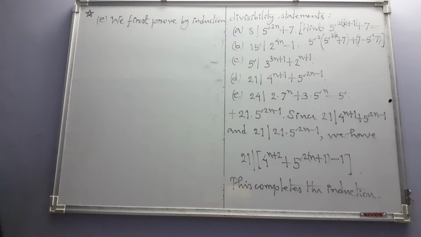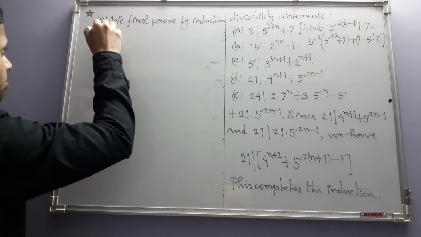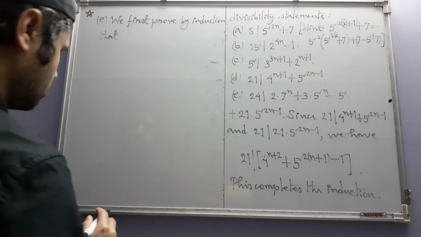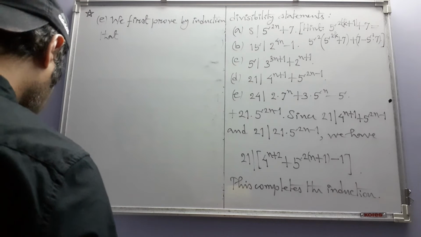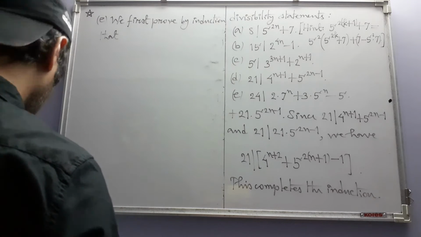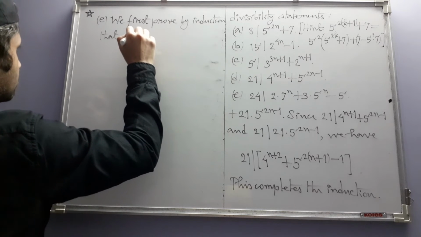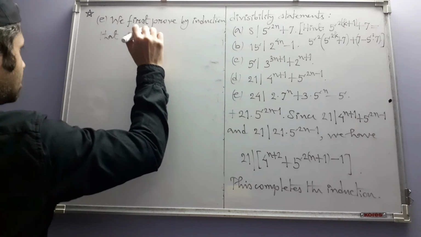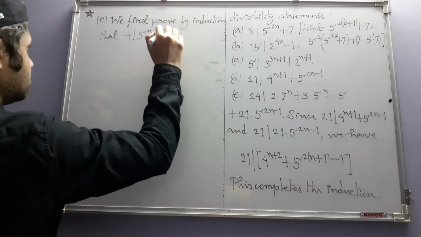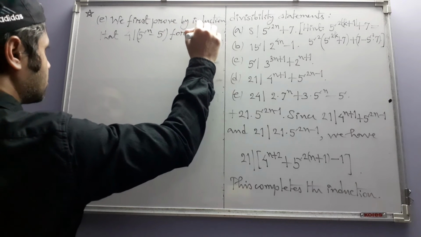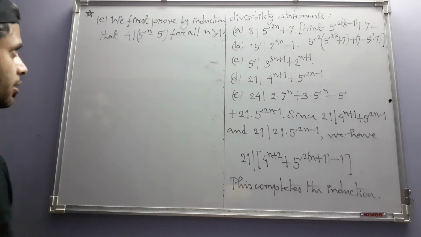We first prove by induction that 4 divides 5 to the power n minus 5 for all positive integers n.